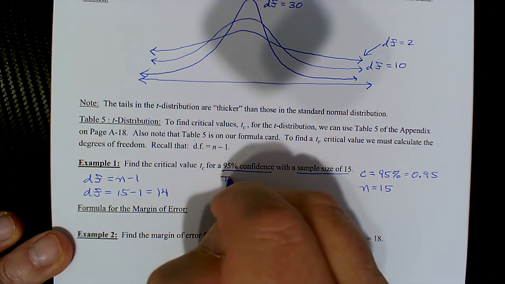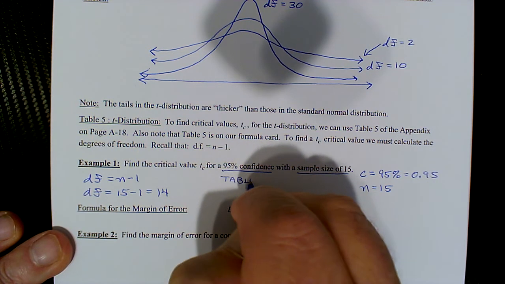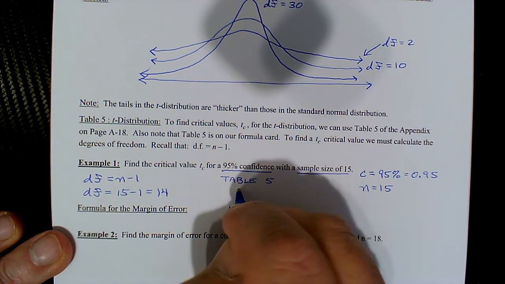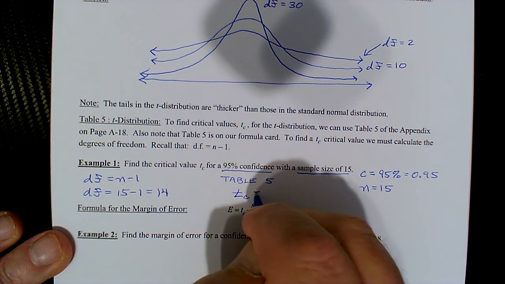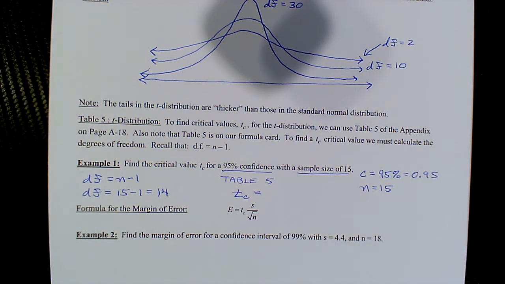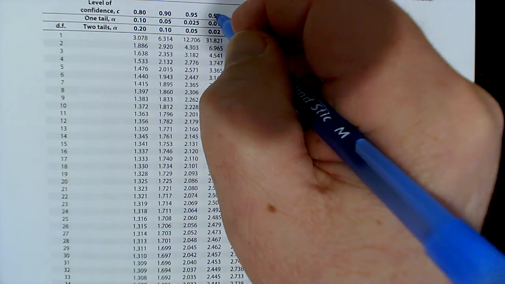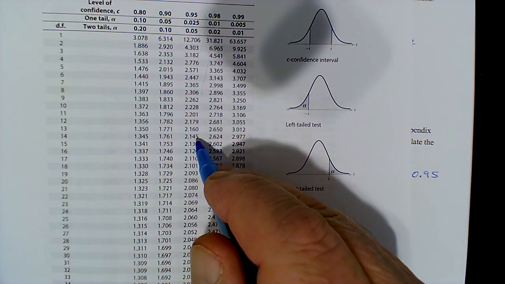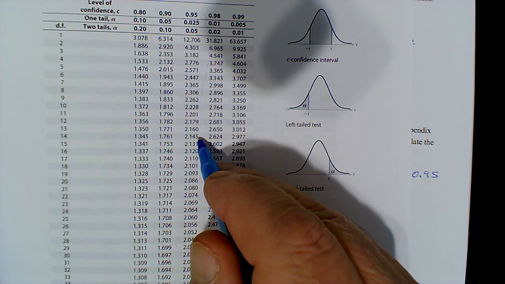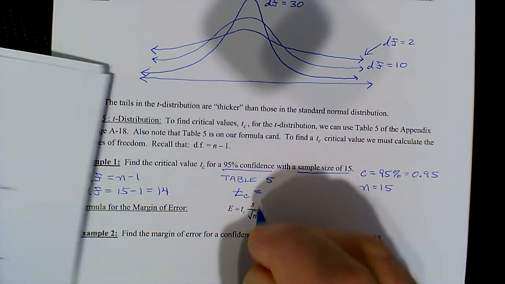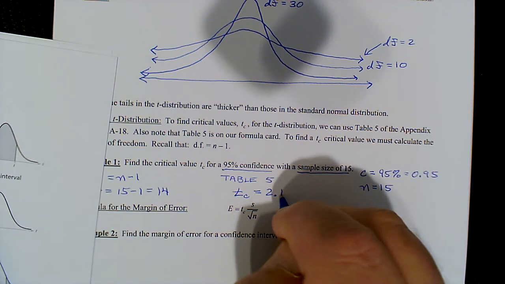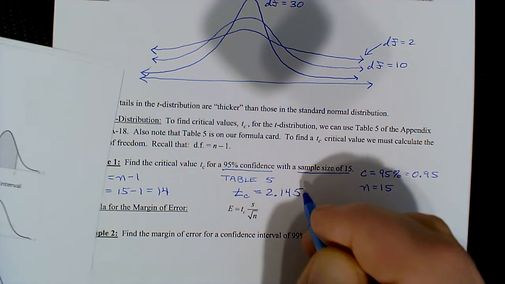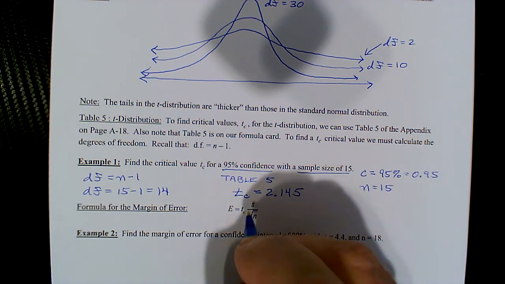And then we go to table 5. So we have degrees of freedom of 14, and a 95% confidence interval. So it's as simple as just looking under the 95% confidence interval, the third column here. Intersect that with the 14 degrees of freedom. And it looks like 2.145. So t sub c is 2.145.